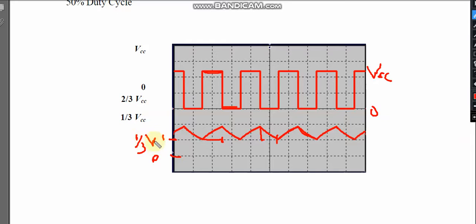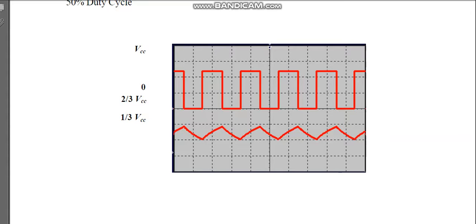So this is 1 by 3 VCC. And the capacitor will charge up to what value? Up to 2 by 3 of VCC. When it reaches 2 by 3 of VCC, it starts discharging. And when it reaches 1 by 3 of VCC, it again starts charging. This I already explained in the internal block diagram of the 555 timer.